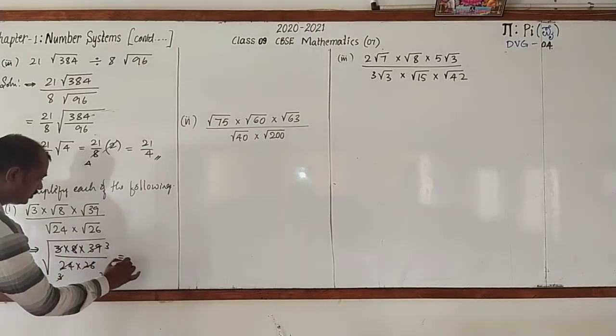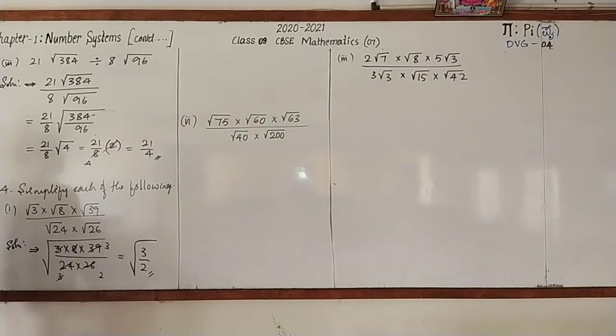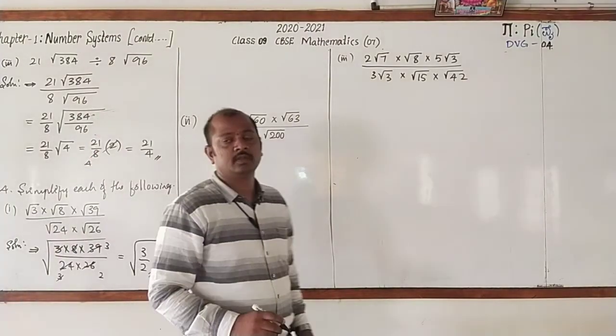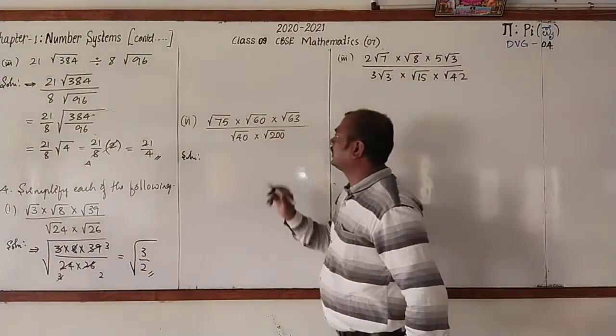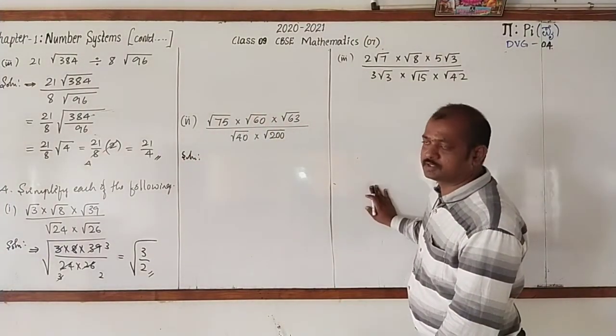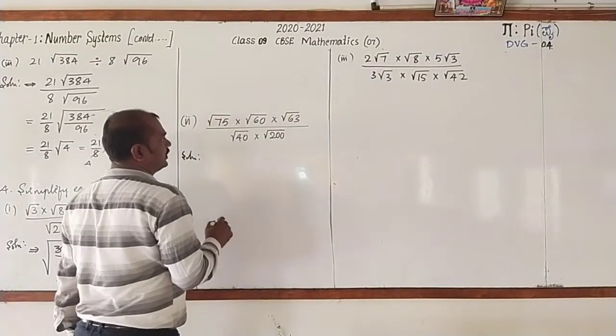It is equal to square root of 3 by 2. This is the answer. Next, let's go for this. Here also we have root numbers. Square order is same. You can go for simplifying like this.